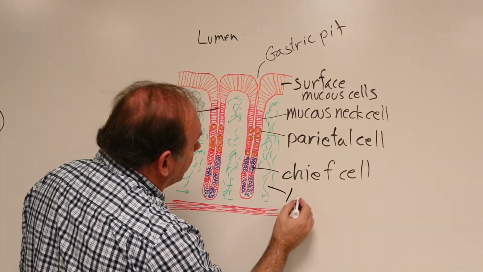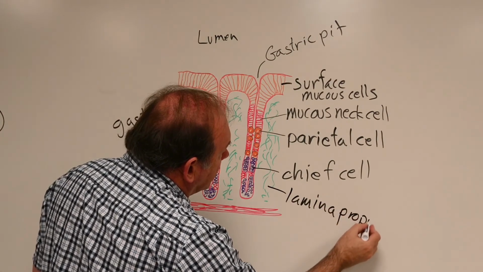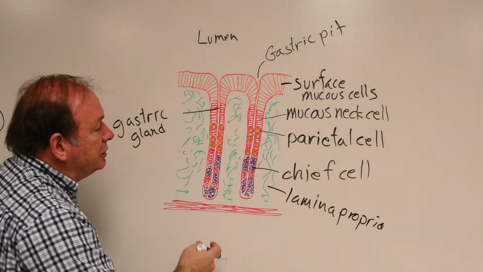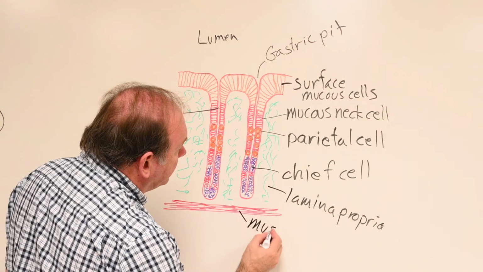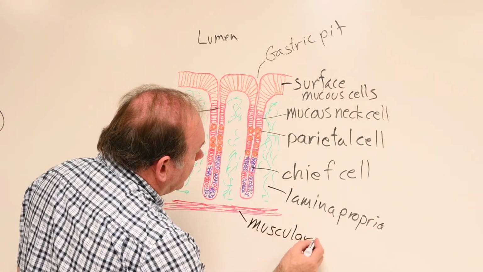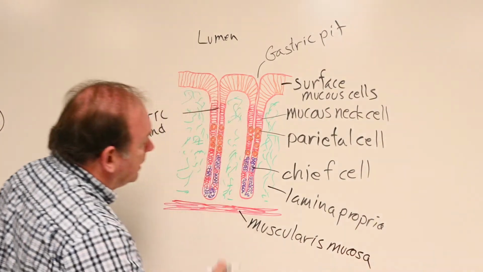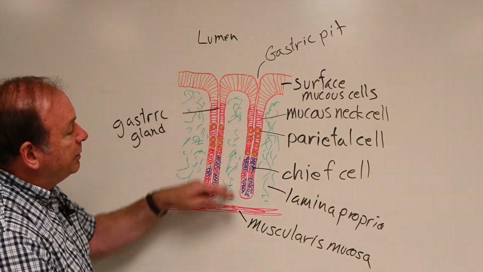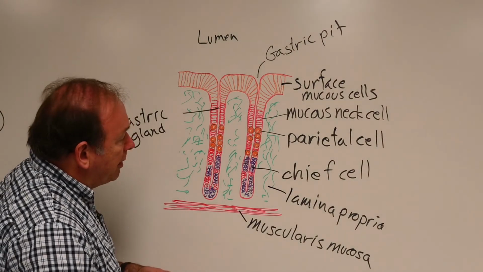Then we have lamina propria. The green stuff in there represents collagen fibers in the lamina propria, and we have muscularis mucosa. Along here, a thin layer of smooth muscle separates all of this material from the submucosal zone of the stomach wall.